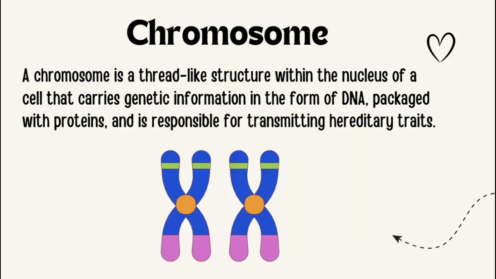But just to get an idea of what the structure is like, it's a thread-like structure, right? This representation is when they are condensed. When they are decondensed, it makes them a lot harder for us to see, right? When they are not condensed.